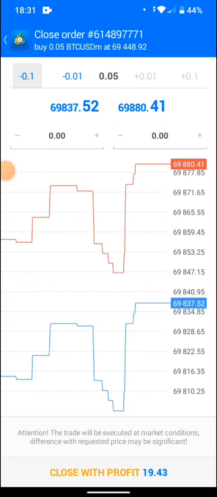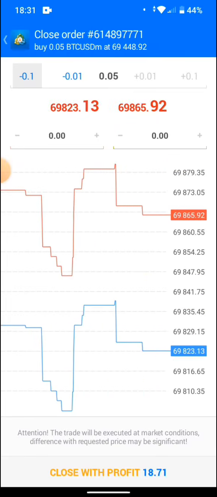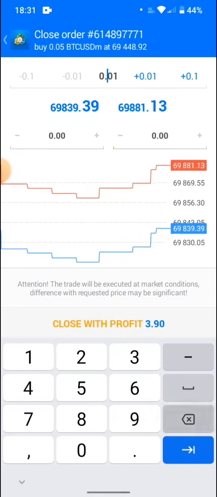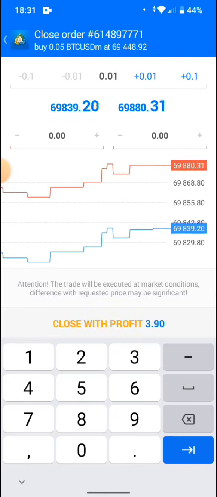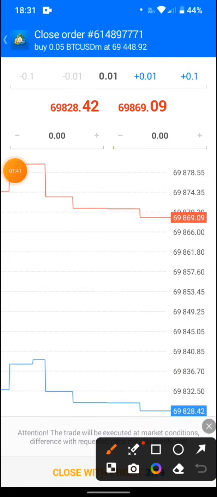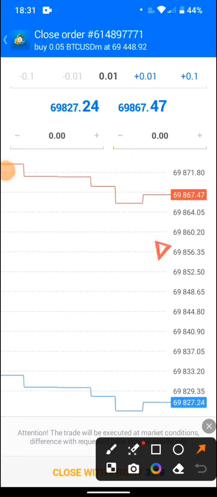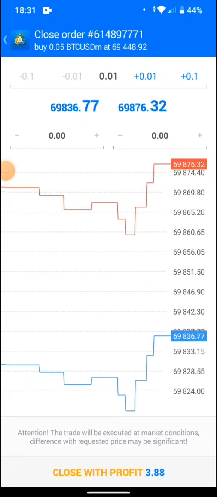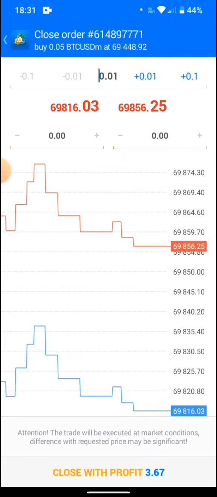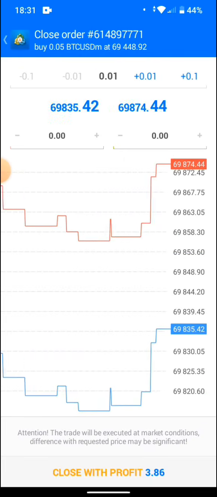So for example, if I just want to take profit of 0.01, you can see at the bottom here the amount I'm going to take, 3.75. It might change because this is a live market.